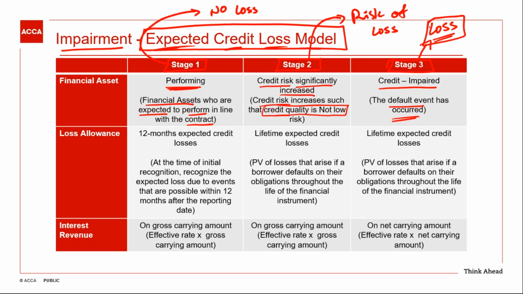Now, how much of the loss allowance will be recorded? In stage 1, we recognize 12-month expected credit losses. So at the time of initial recognition, we are going to recognize expected loss due to events that are possible, not probable, only possible, within 12 months after the reporting date.